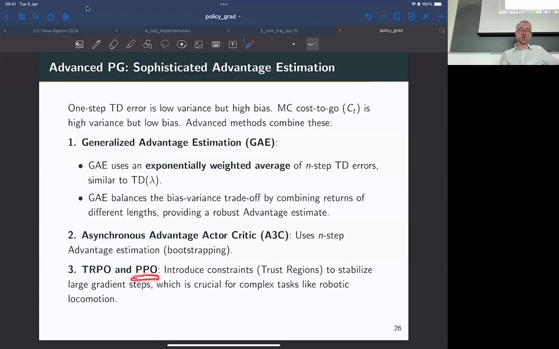Then, of course, if you really want to understand state-of-the-art methods, you need to go through the papers and understand the extra tricks that they had to add to make this method more robust and scalable and efficient. But in terms of math, most of the complexity, we went through it today.